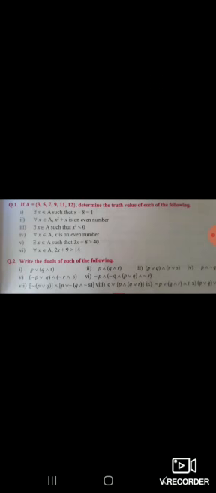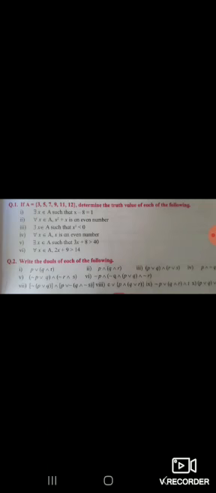A is a set. These are two sums from the exercise I have taken. A is {3, 5, 7, 9, 11, 12}. We have to find the truth value.